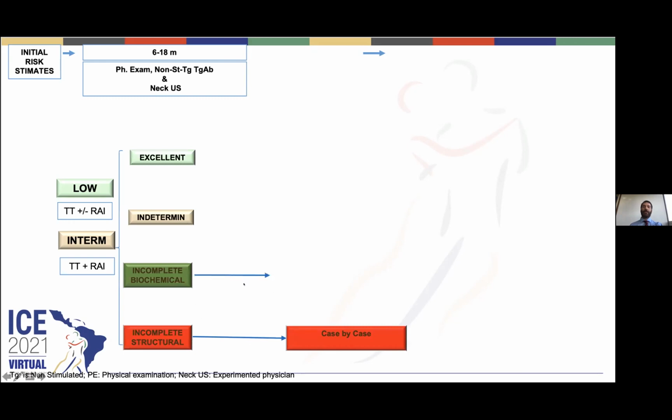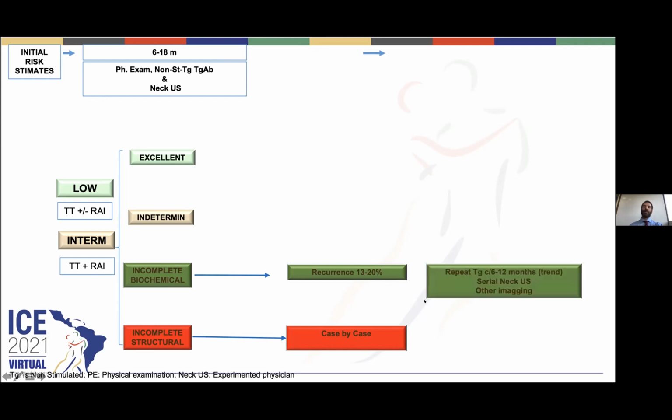If they have an incomplete biochemical response to therapy, their risk of recurrence is between 13 to 20%, and we should follow this patient with thyroglobulin every 6 to 12 months and see what the trend of the thyroglobulin is. We have to make several serial neck ultrasounds and other imaging depending on the case.